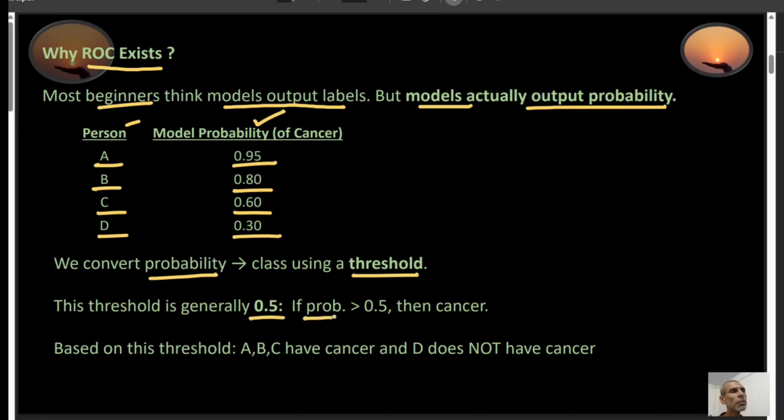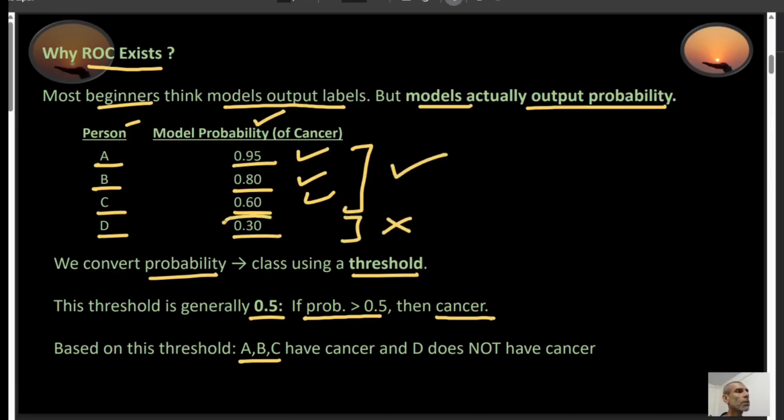If the probability of a person having cancer is more than 50%, then we say he has cancer. So based on this threshold, A, B, and C have cancer. On the other hand, D does not have cancer because his probability is less than 0.5.